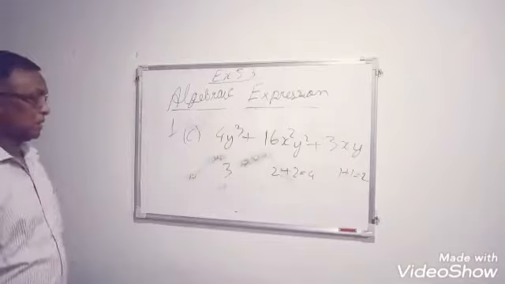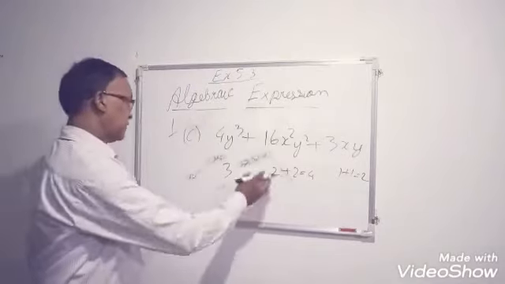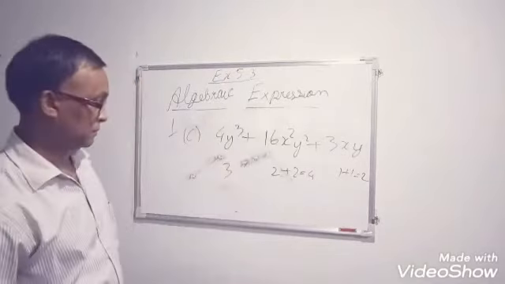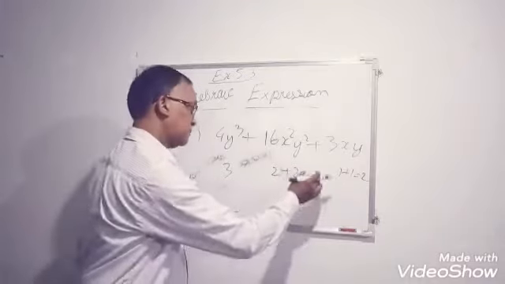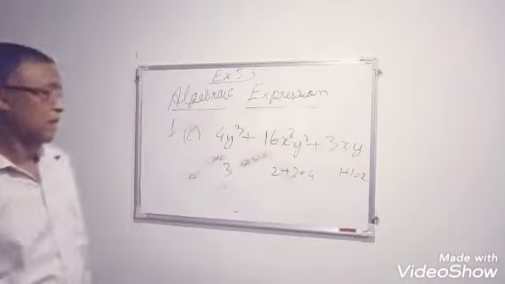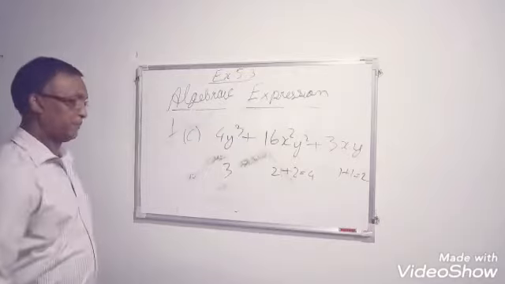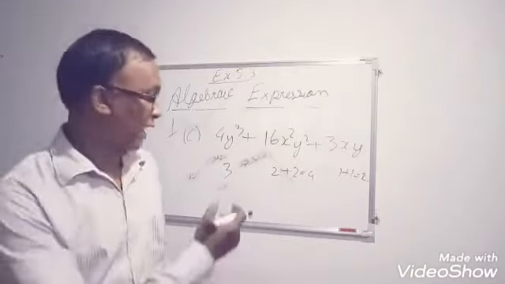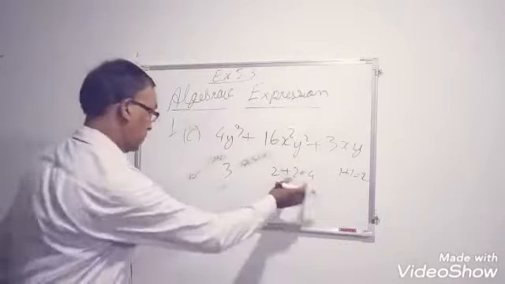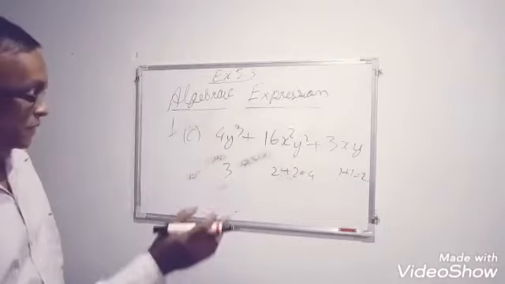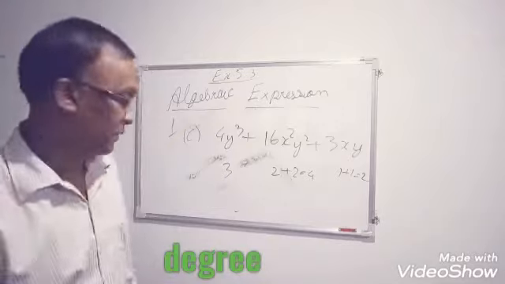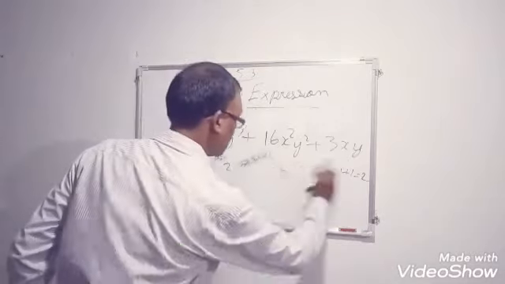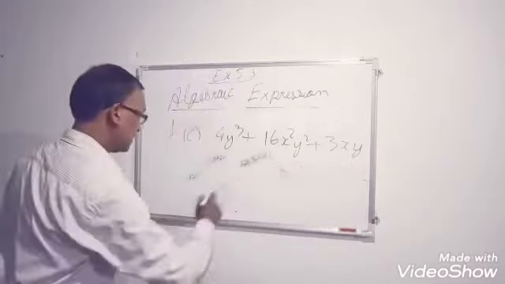So now if you see, the first term exponent is 3, second term 4, third term 2. So definitely the highest exponent will give us the degree. The highest exponent is 4. So the degree of this algebraic expression is 4.